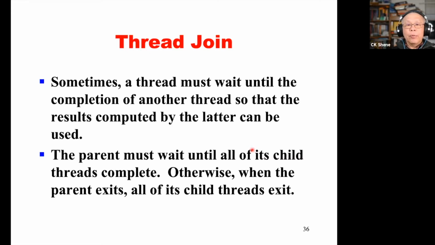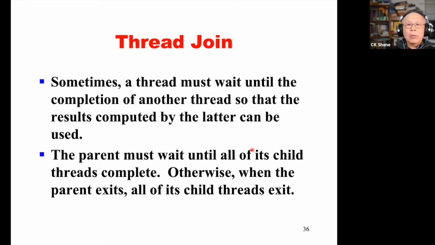So a parent thread creates so many child threads to run. Each of the child threads could produce some results and save the results to some global variable for the parent thread to pick up later.